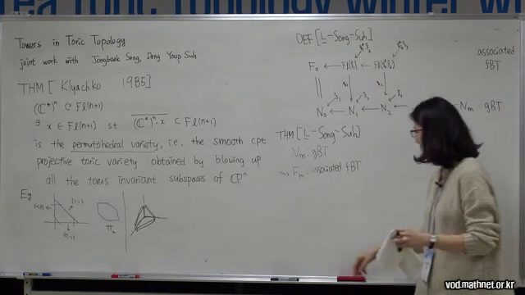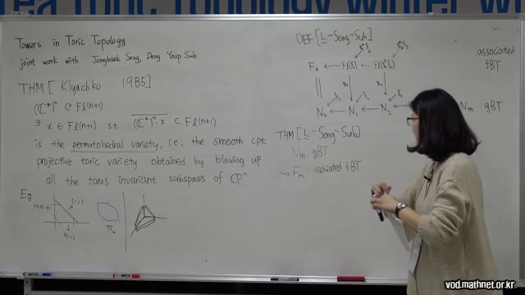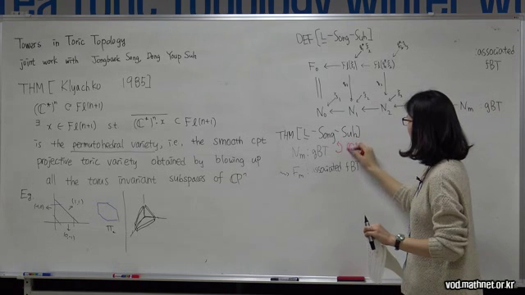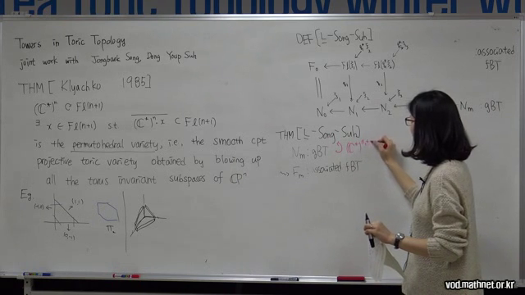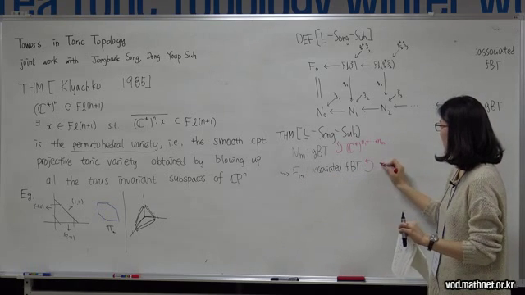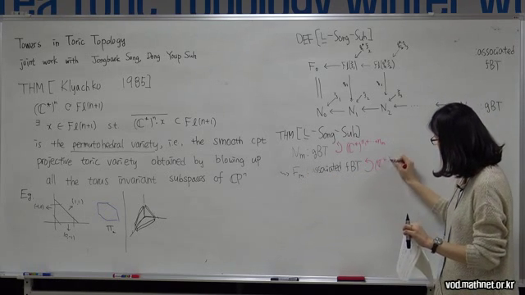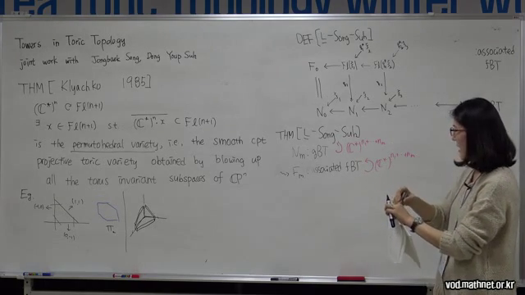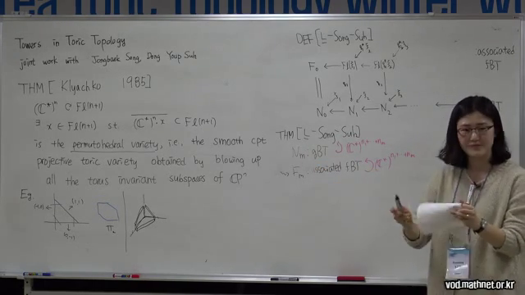As I mentioned before, it has the torus action, a complex torus of dimension n_1 plus up to n_m, and the same dimensional complex torus acts on both spaces.